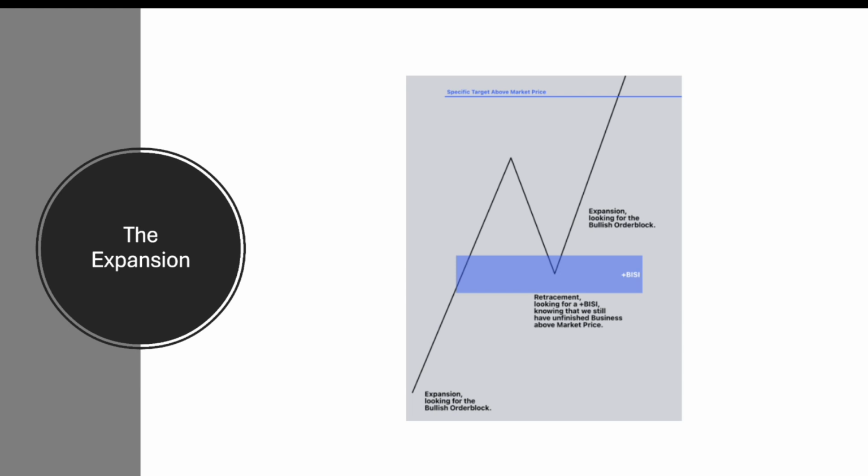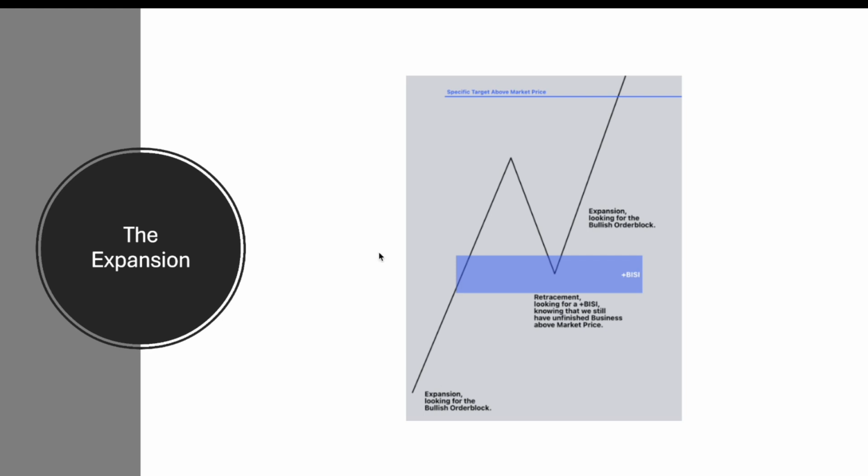The expansion will look like this when we're talking about a line chart or crude depiction. We have right here, we have the market expanding. The market creates a retracement, looking for a busy, knowing that we have some unfinished business above the market. And within this expansion right here, what I'm going to do is I'm going to only look for order blocks.